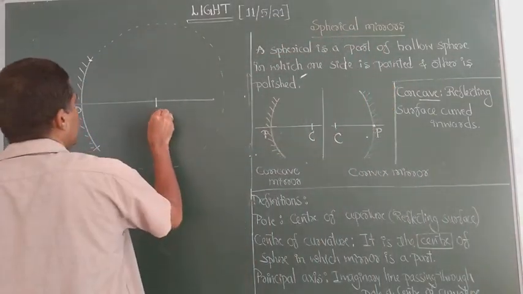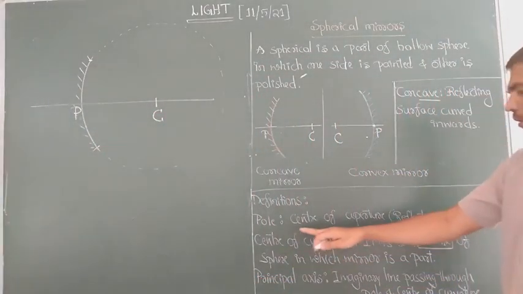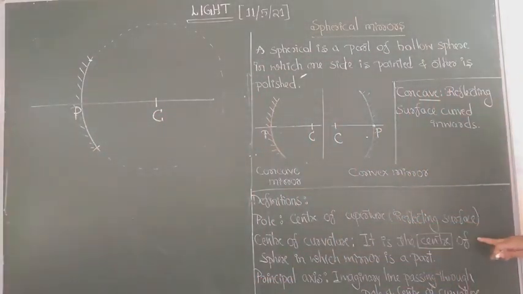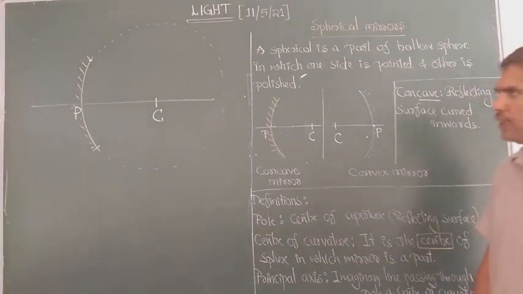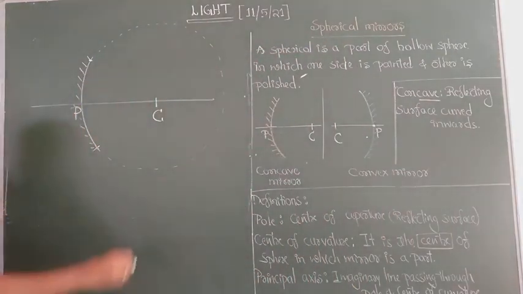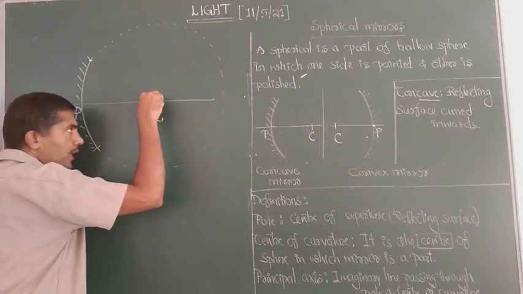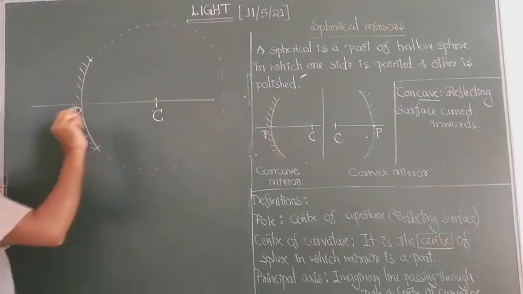That is the center of curvature. So center of curvature is the center of sphere in which mirror is a part. Similarly, once more I am repeating, center of curvature is the center of sphere in which mirror is a part.